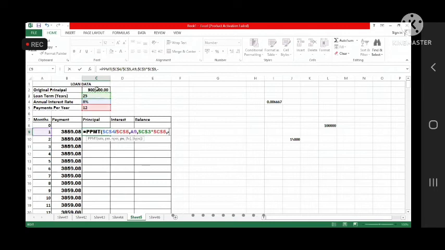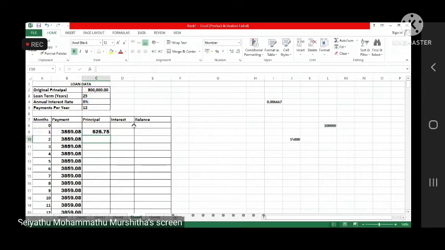What is the principal amount? 5 lakhs. So we have to put minus 5 lakhs. Close bracket. Now C2 never changes, we have to absolute this one also. Then enter. Understood? Yes, ma'am.